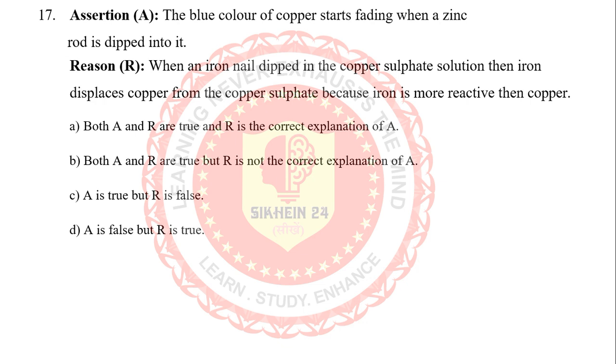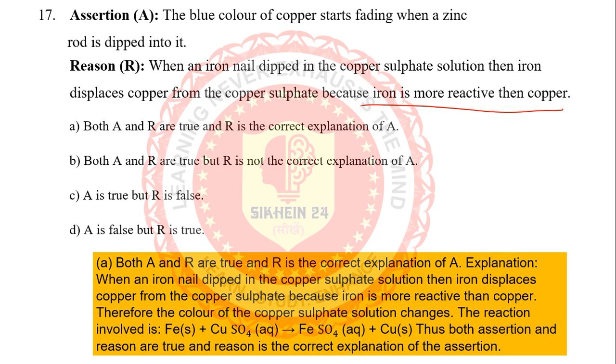Reason: when an iron nail is dipped in the copper sulfate solution, then iron displaces copper from the copper sulfate because iron is more reactive than copper. Reason is given. So, what would be the answer? Let's see. Yes, A is the correct answer.